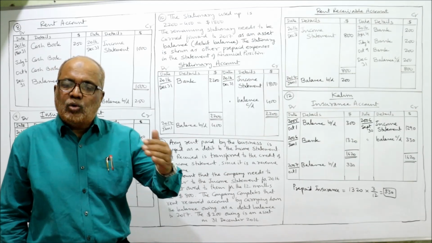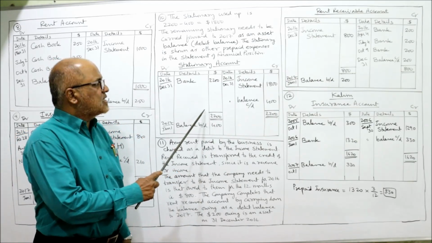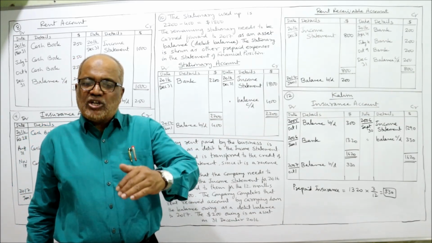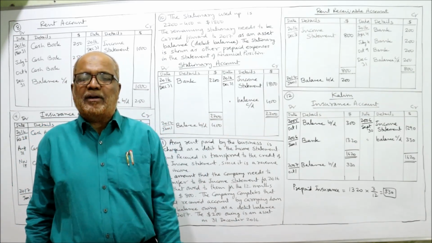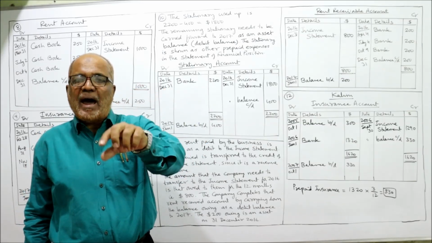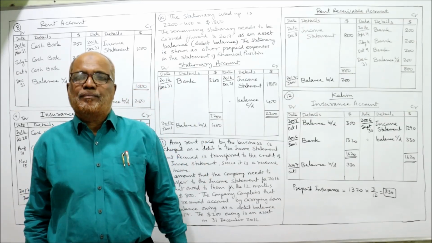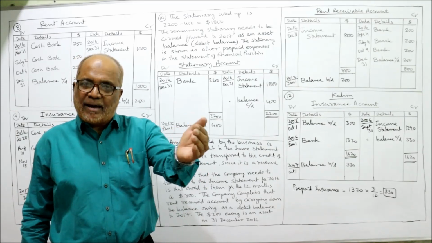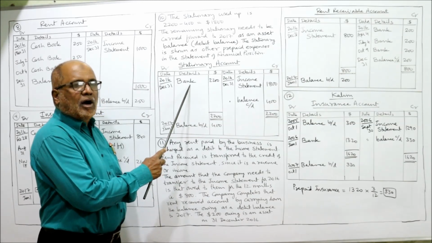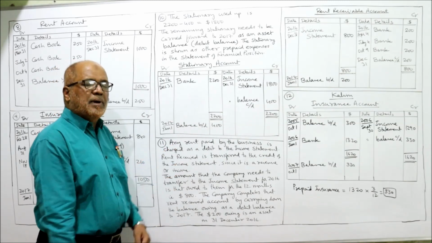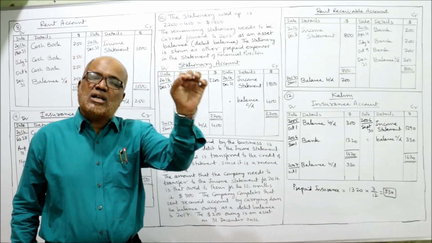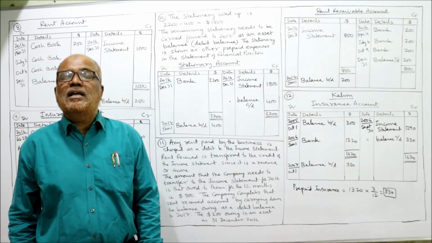Now it is asking you to make the stationery account. This is the stationery account. We have purchased stationery and made the payment. The entry will be stationery account debit, bank account credit, because money is going out, so the bank account is credited. So on the stationery account debit side, bank. How much amount is paid? 2,200 is paid. But out of 2,200, how much should be charged to the income statement? 1,800.